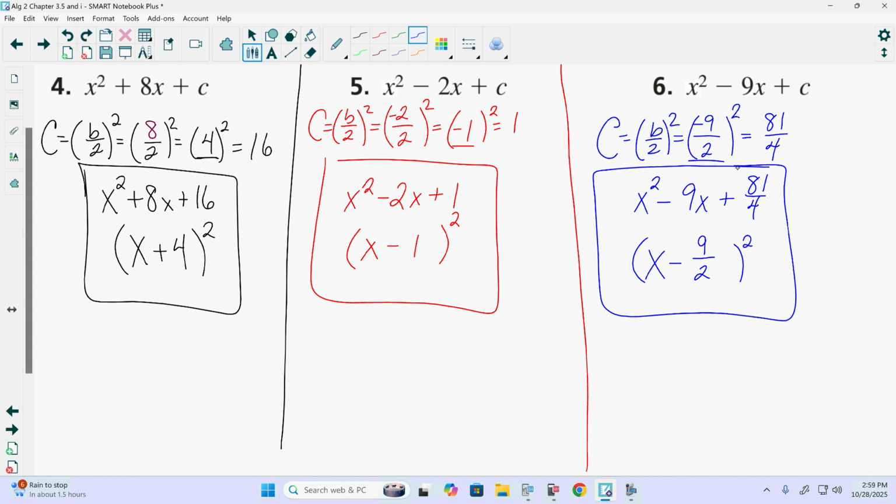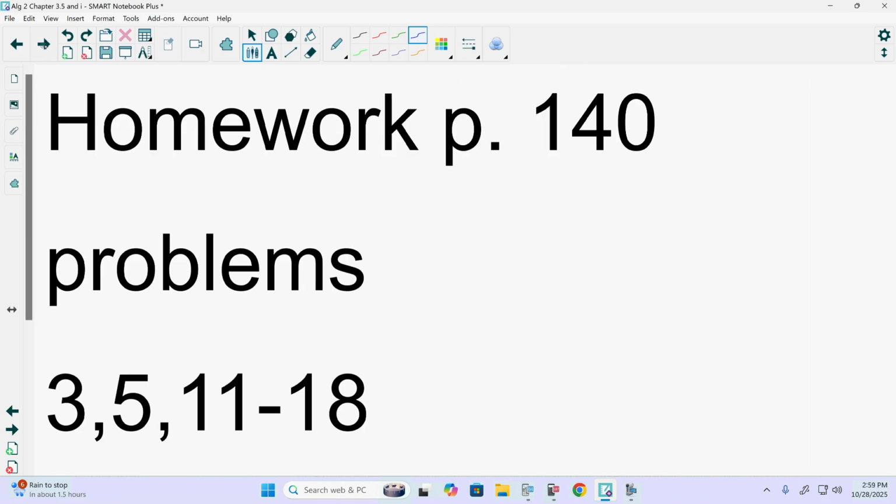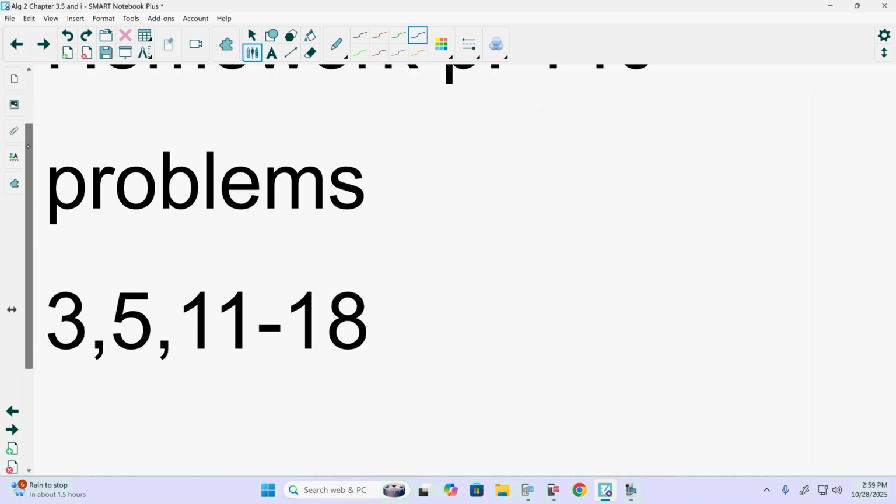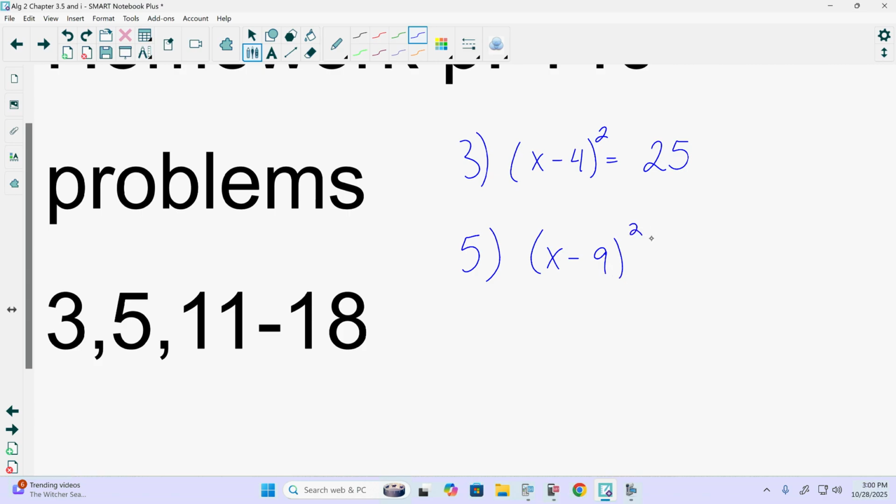I'm going to borrow this for a second. So, homework. 3, 5, 11 through 18. I'm going to be nice on 3 and 5. I'm not solving it for you, but I am giving it to you in factored form.